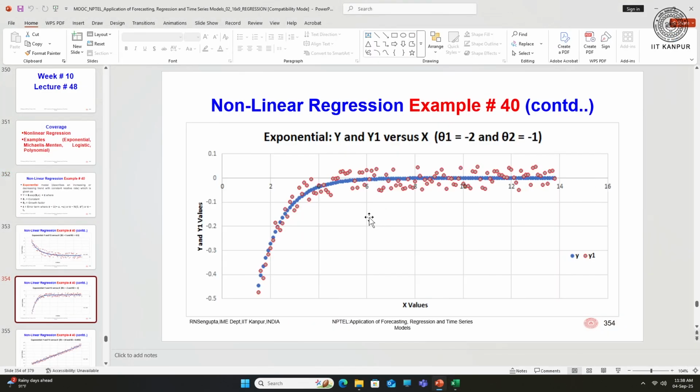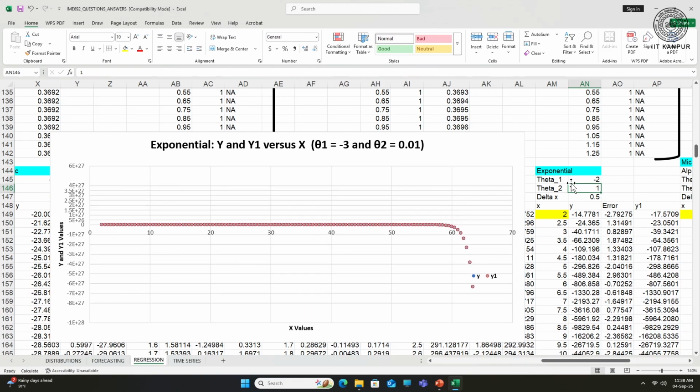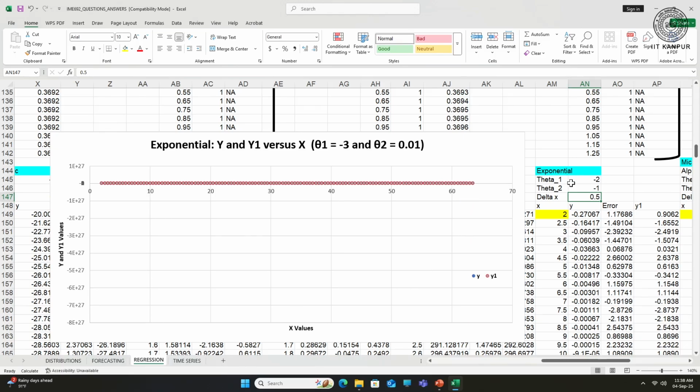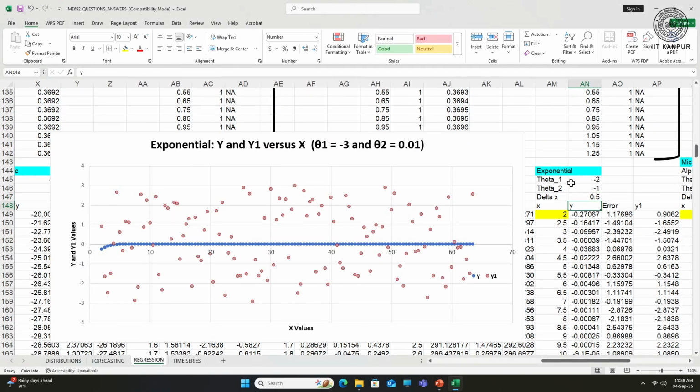Now, in the second curve you have exponential, same thing with theta 1 as minus 2, theta 2 as minus 1. So, let us do it minus 2, minus 1, and with these values I need to change the error terms, and also the starting values.